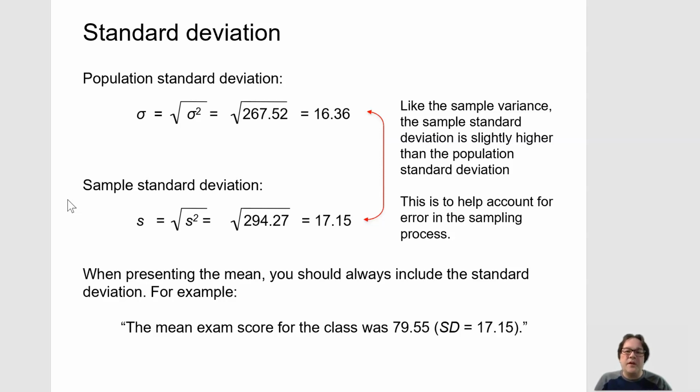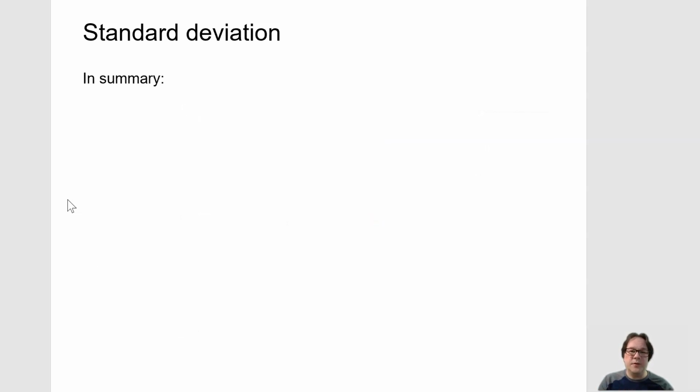So our mean was 79.55, and on average, each score in the distribution differed from the mean by 17.15 points. That's going to be important not just when we present means, where we also want to present a measure of variability for the distribution, but the notion of standard deviation and mean is going to be important when we discuss the normal distribution and z-scores, which we'll do in a moment here.